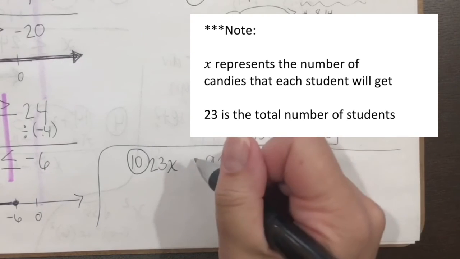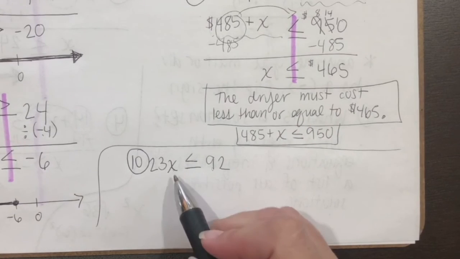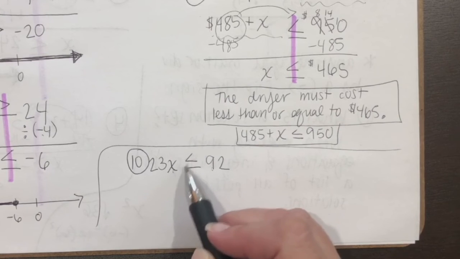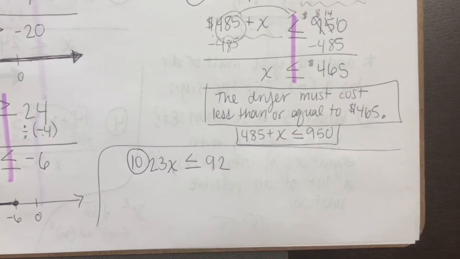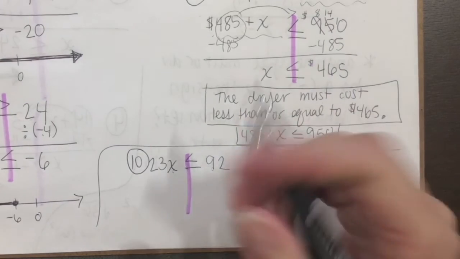So the number of candies that they get will have to be less than or equal to 92. So the students will each get less than or equal to some amount. We're going to figure it out. So let's divide by 23.